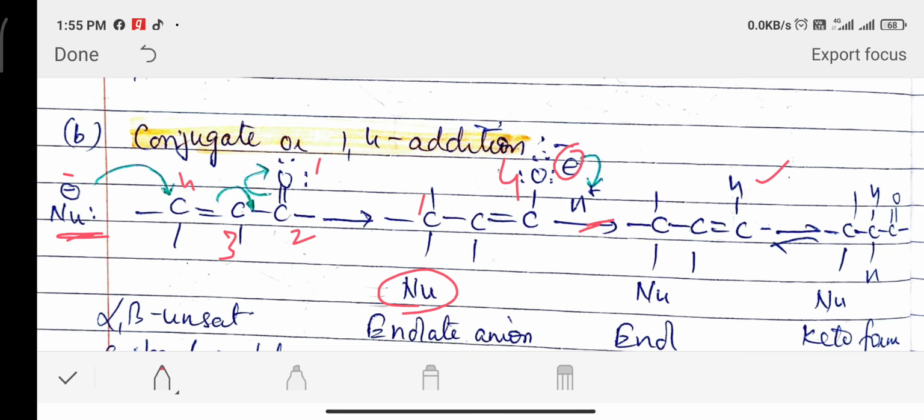So in this, 1,4 addition has taken place. One is attached to the first carbon, and the other to the fourth atom. So in this way, it is OH.